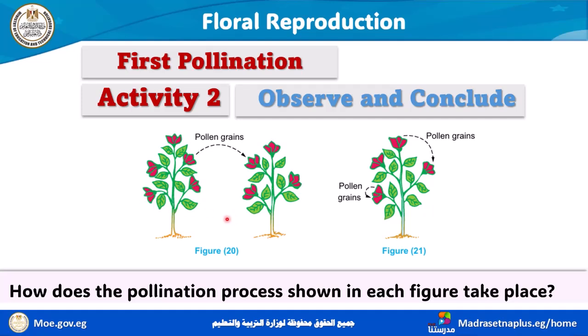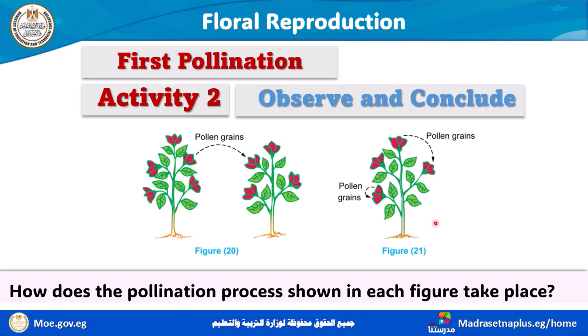This is the first type of pollination. In figure 21, we have only one plant, and we observe that the pollen grain transfers from one flower to another flower on the same plant. So this is the other type of pollination.